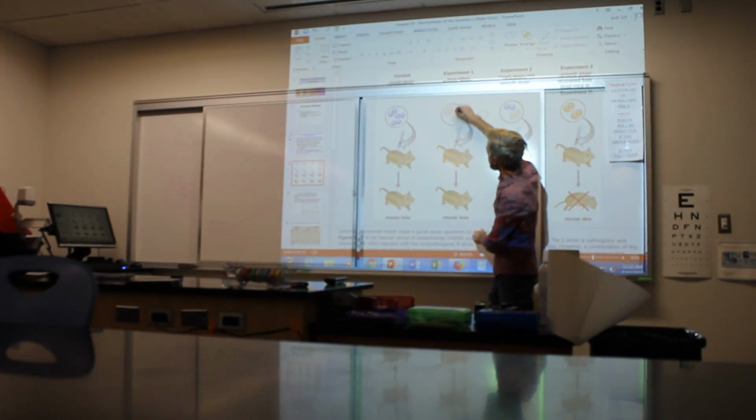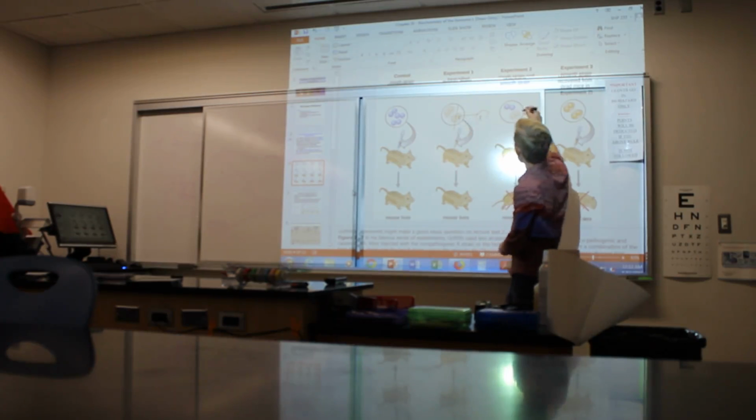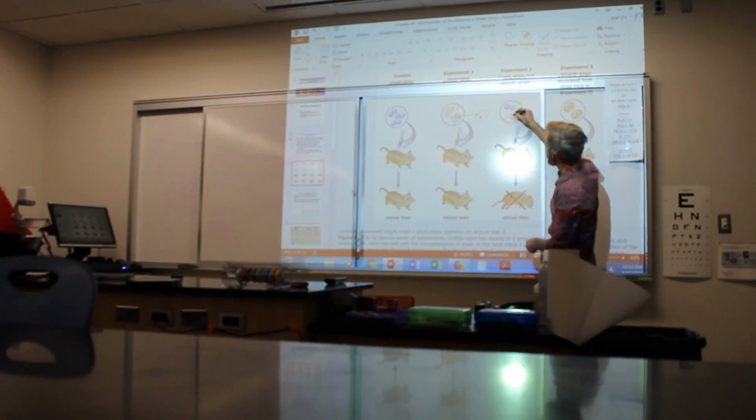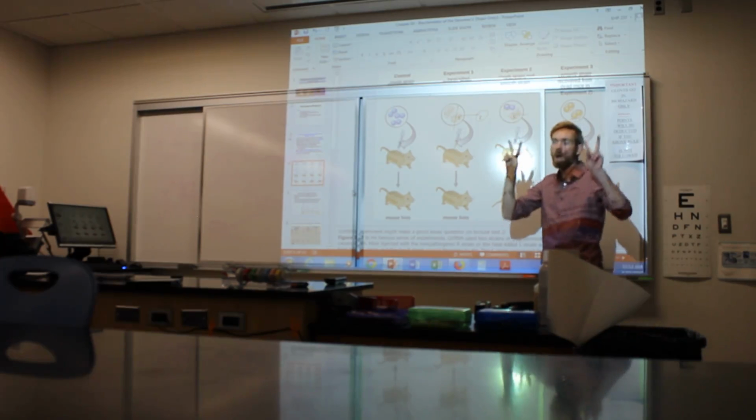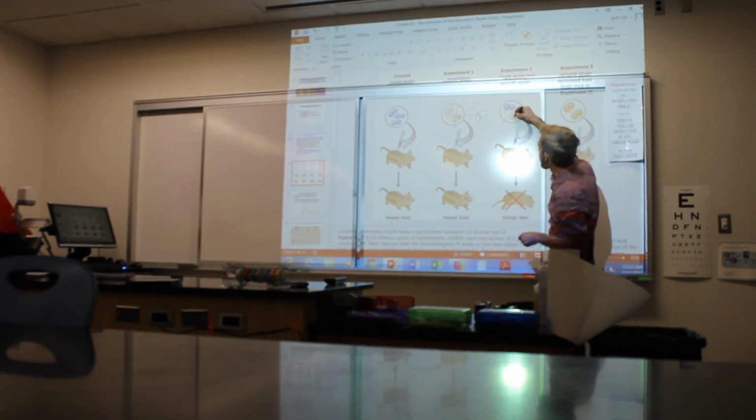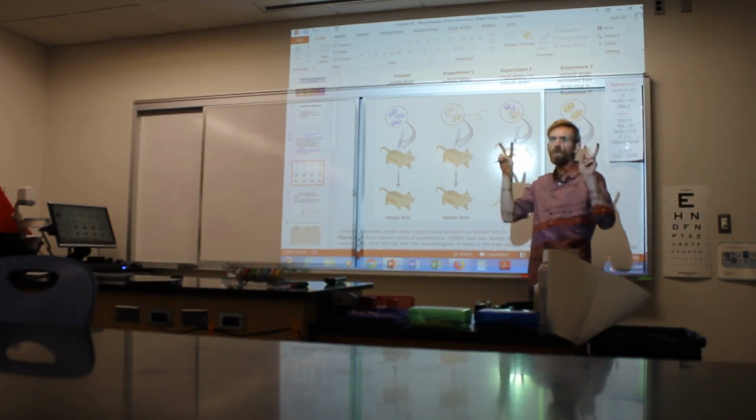Even though these cells were dead, the DNA was still intact. So luckily, these cells were quote-unquote competent, meaning they could just pick up the DNA. He called this phenomenon transformation.